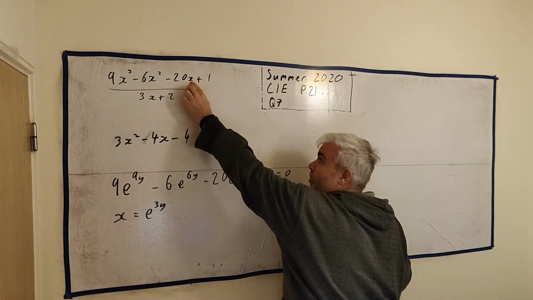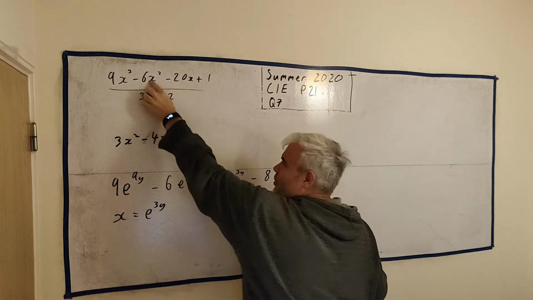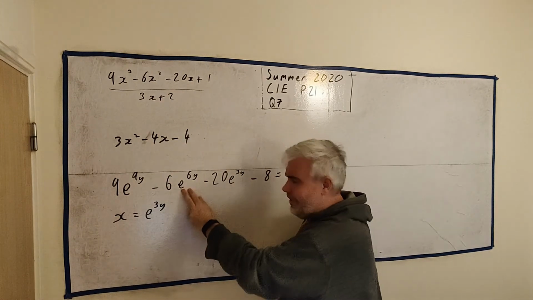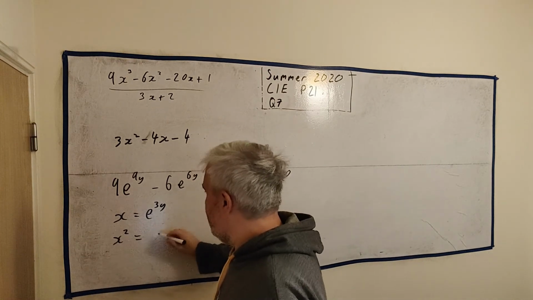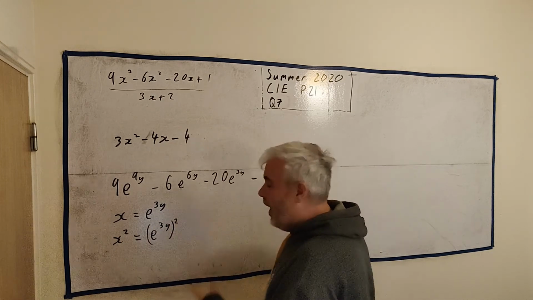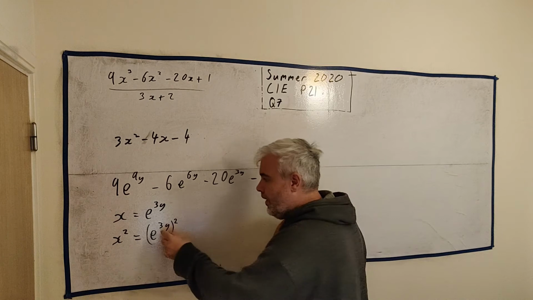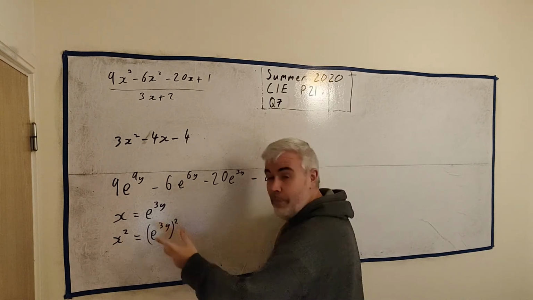So it might look like it's okay here. X and this, they're in the same spot. But x squared doesn't equal this, or does it? Let's find out. X squared is equal to e to the 3y squared. And our rules for powers: if a power of something has a power, the two powers multiply.